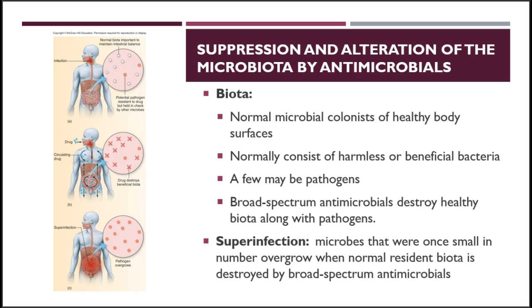But when we take a broad spectrum antibiotic, that antibiotic wipes out all of the good flora that were present in the GI tract, and C. diff survives. And because it doesn't have to compete with other organisms, it thrives and causes additional problems as a result of that. Other secondary infections can arise because of this as well.